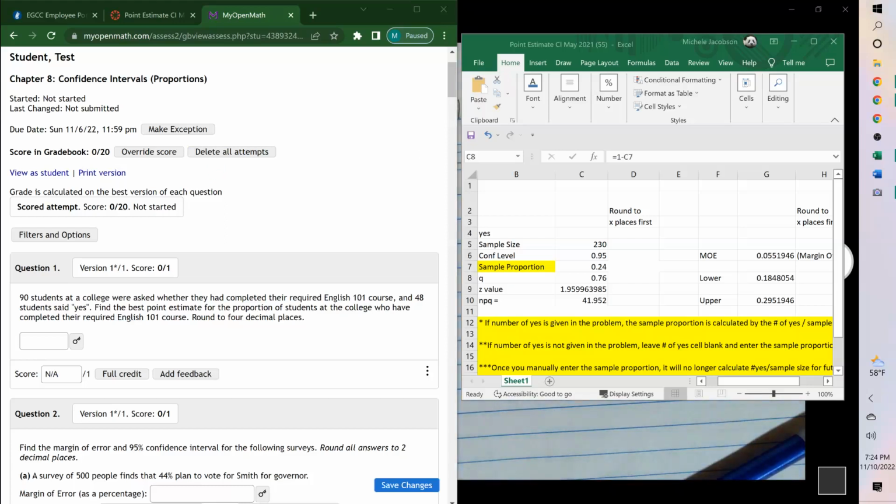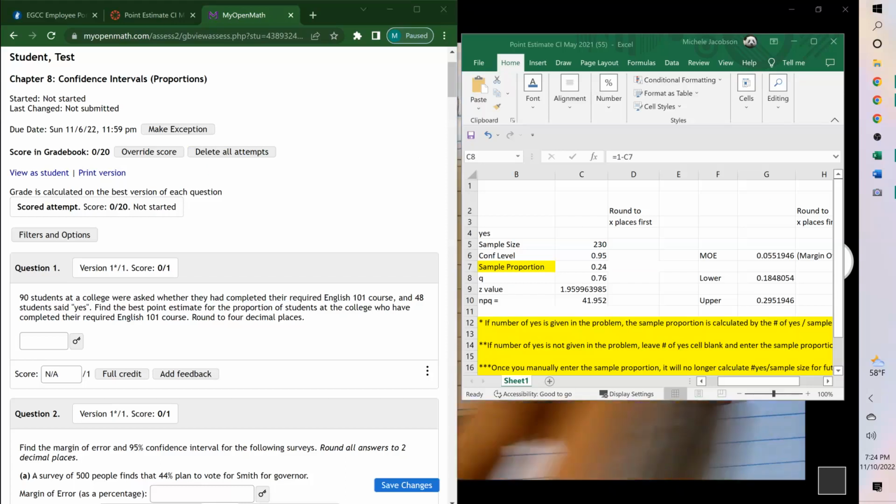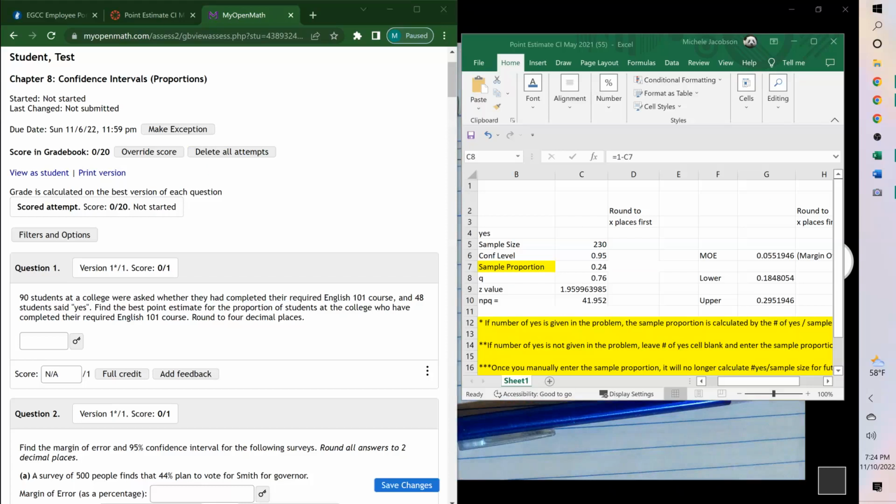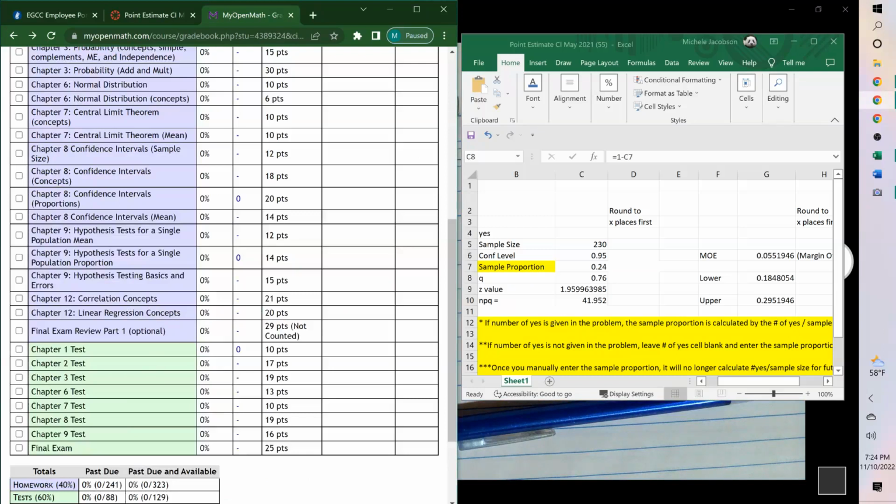Chapter 9, hypothesis test. Basic errors. Okay, and what number? Number 1? Okay. Wait, it said basic errors, didn't it?